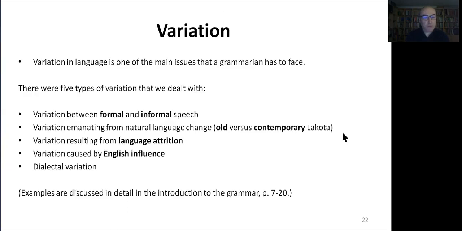Some of the types of variation that we dealt with are variations between formal Lakota and informal Lakota, variations between older Lakota and contemporary Lakota emanating from natural language change, variation resulting from language attrition, variation caused by English influence, and dialectal variations.